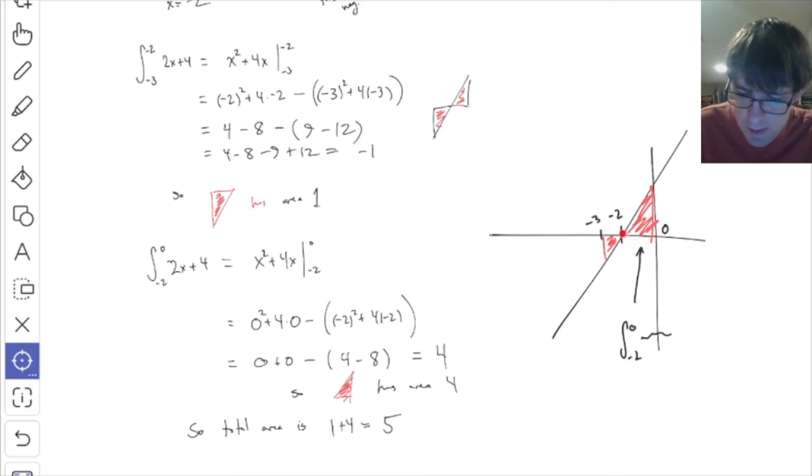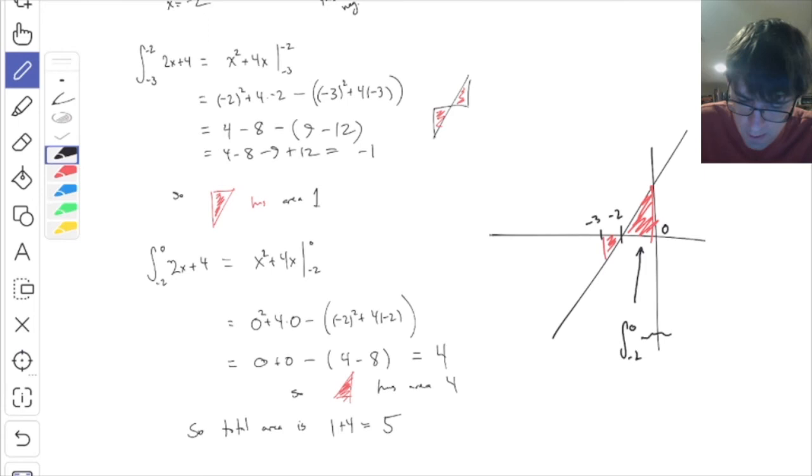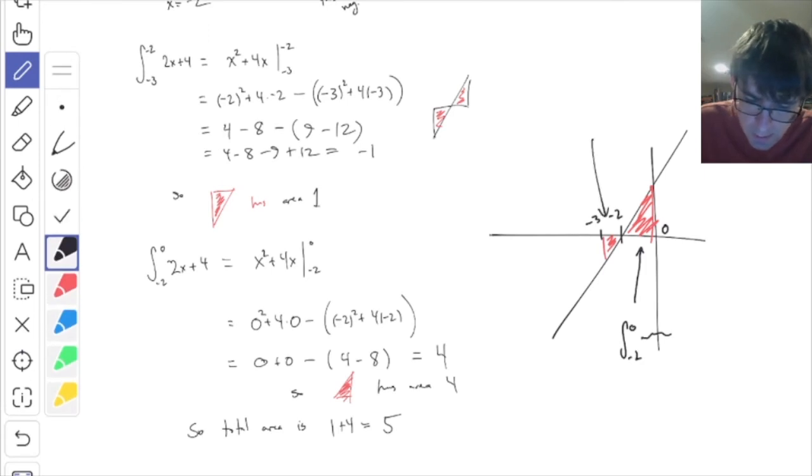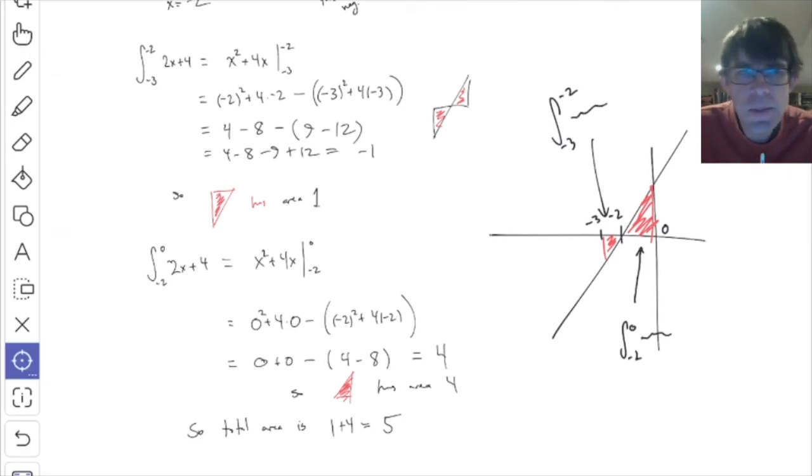The smallest x value in this shape is -2, and then it goes up to the largest being 0. And then this other side here, how would I do that one as an integral? It would be from -3 to -2 of the same function. Because this is the order in which the numbers go: you go from -3 to -2, and then you go from -2 to 0. I'm not sure that's a satisfactory answer. That's how I think about it. Yeah, that's good. Thank you.